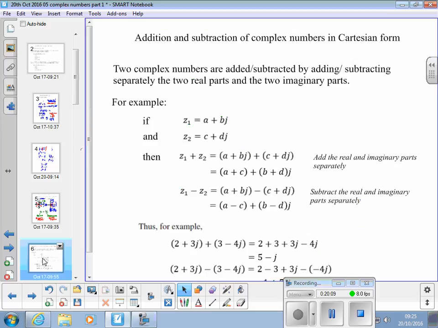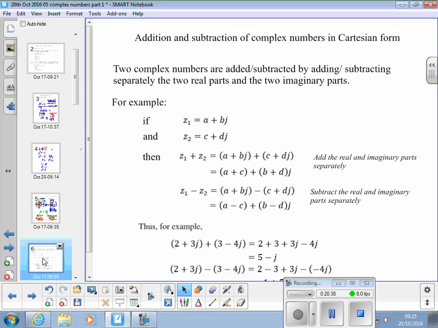So, if we're going to represent these vectors in this way, we need to be able to do some mathematical operations on them. The first thing, the easiest thing to do, is addition and subtraction of Cartesian or rectangular complex numbers. Two complex numbers are added or subtracted by adding or subtracting separately the two real parts and the two imaginary parts.